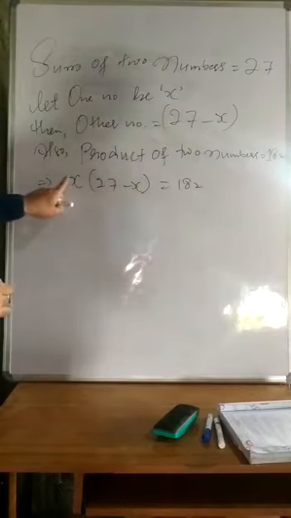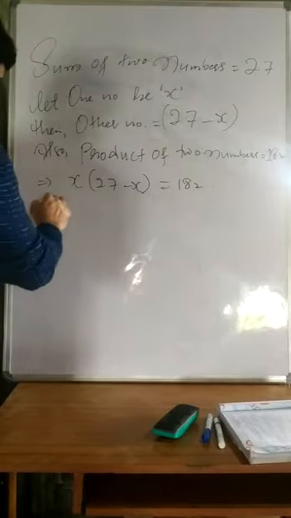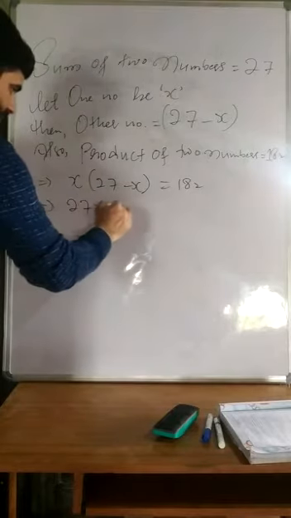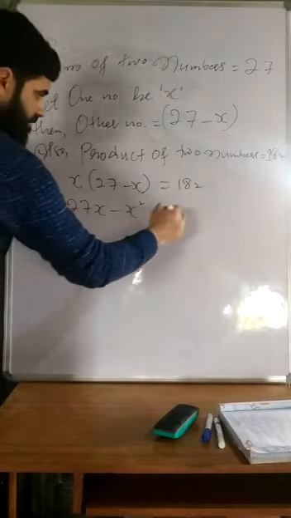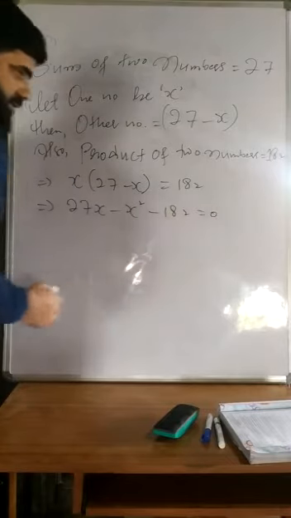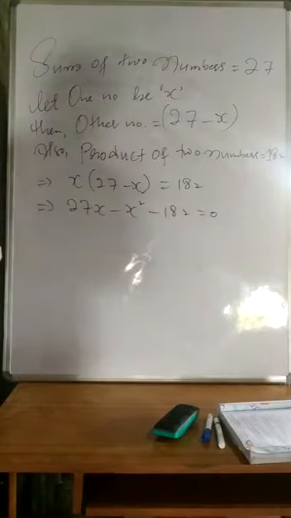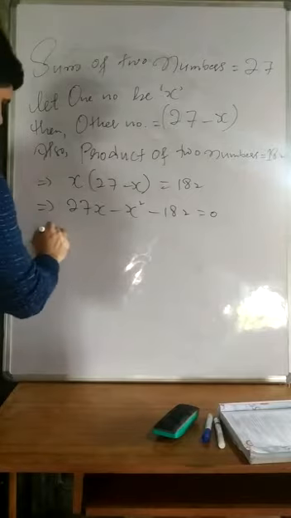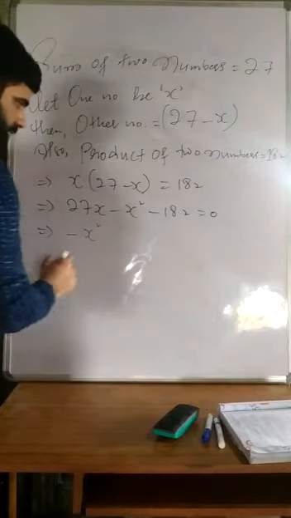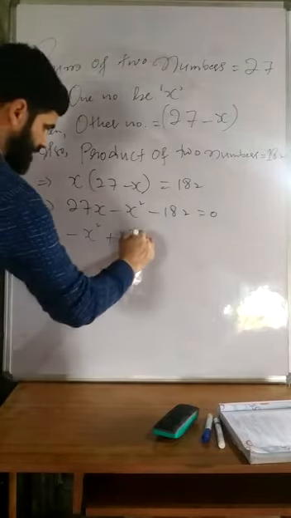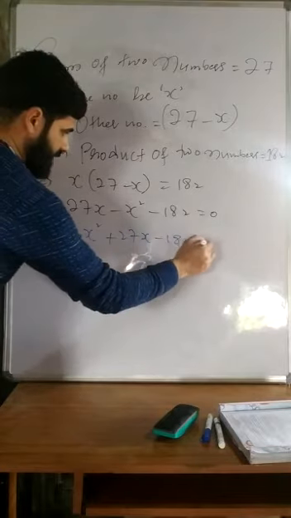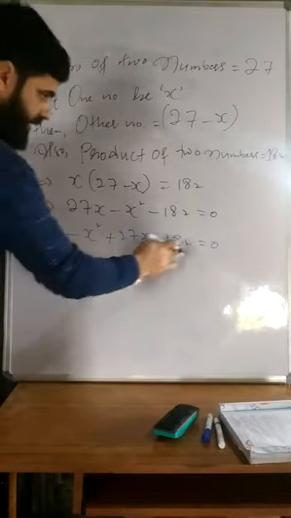And you multiply x with 27. It will become 27x minus x square minus 182 is equal to 0. Here you have to write it like this: minus x square plus 27x minus 182 is equal to 0. Is it clear?